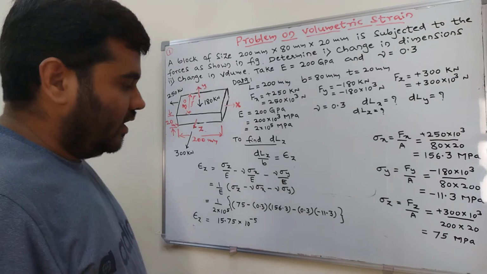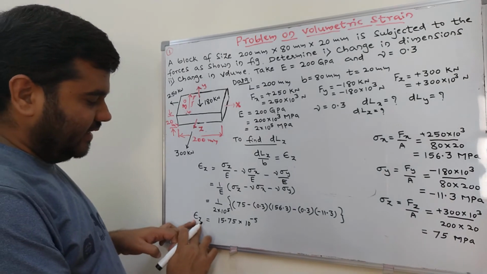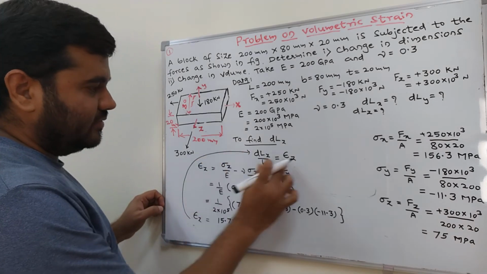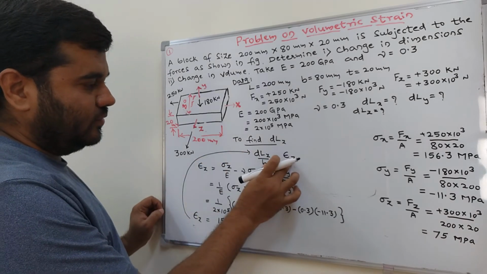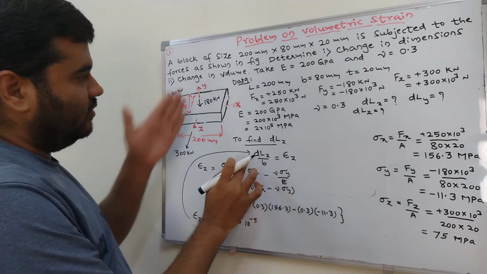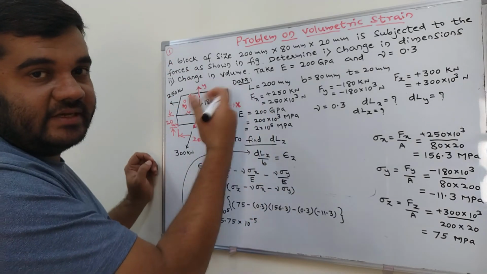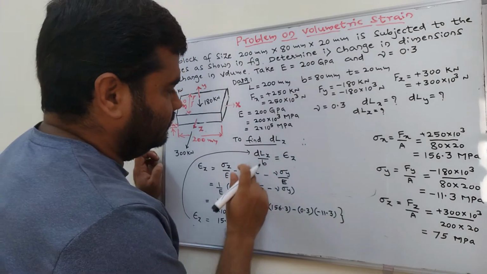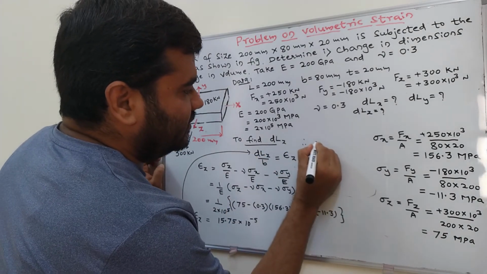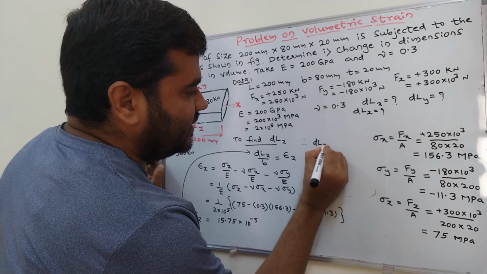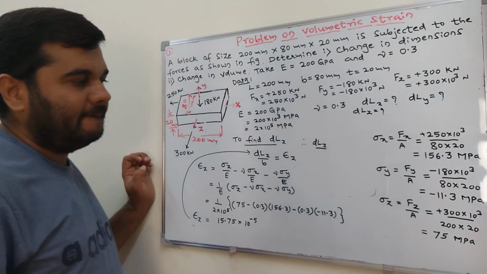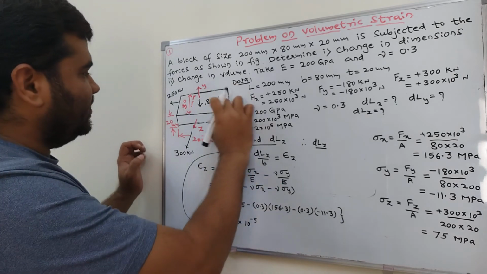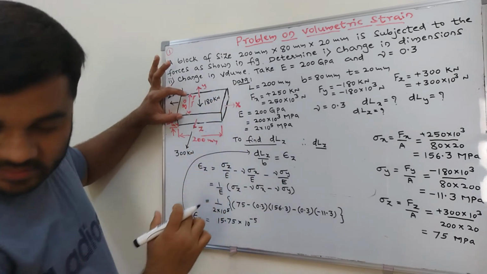Once you find the strain in z direction, go to this formula, substitute strain in z direction and width, and you will get the total change in length in z direction. I want the change in length in z direction, that is deformation in z direction, divided by width. Width is 80 millimeter.